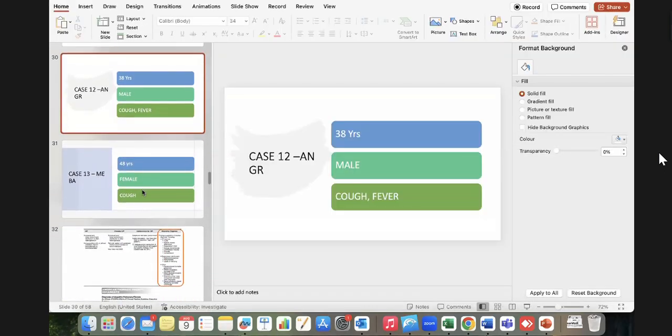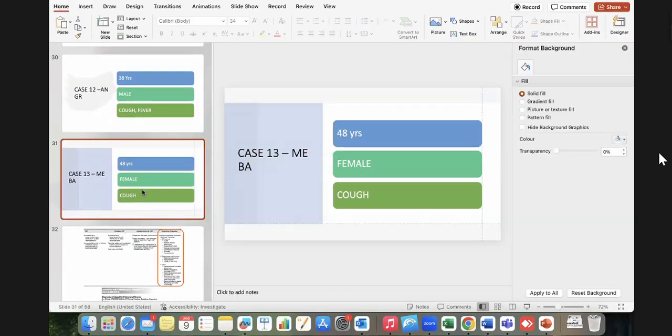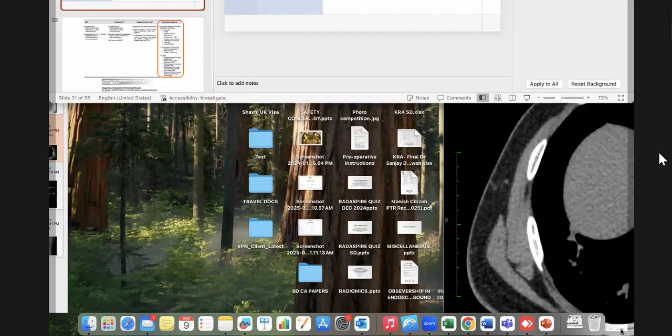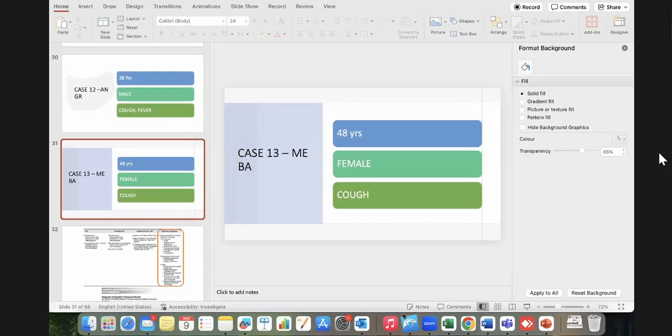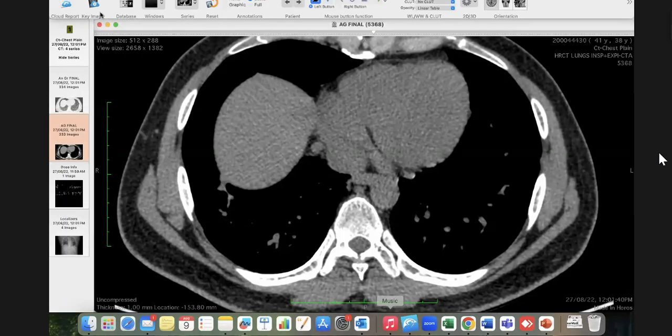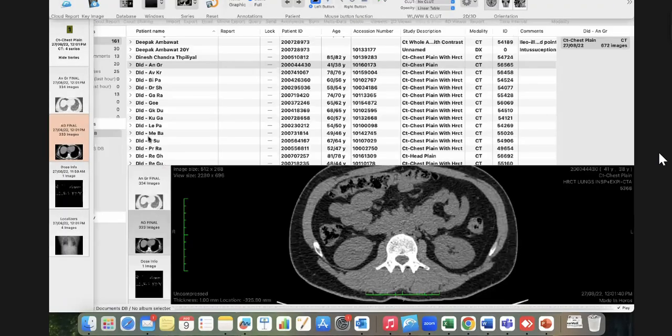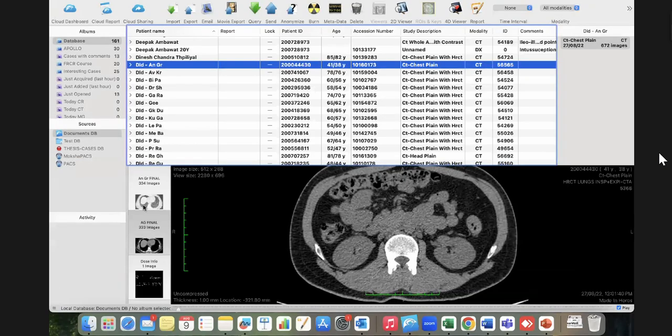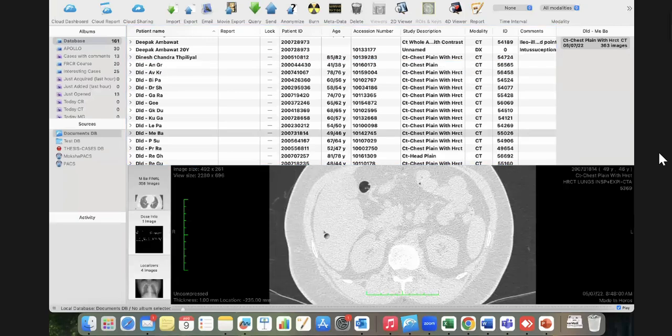And the next case is a 48-year-old lady presented with cough. Now, this is interesting, slightly different.